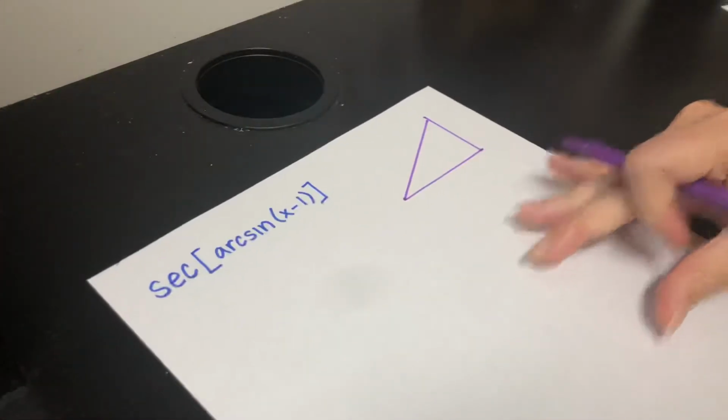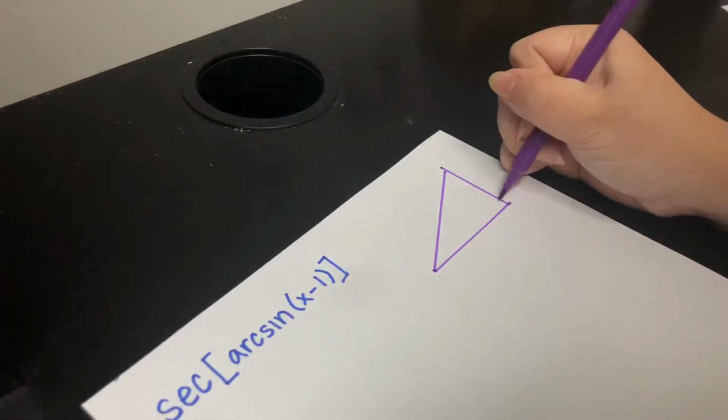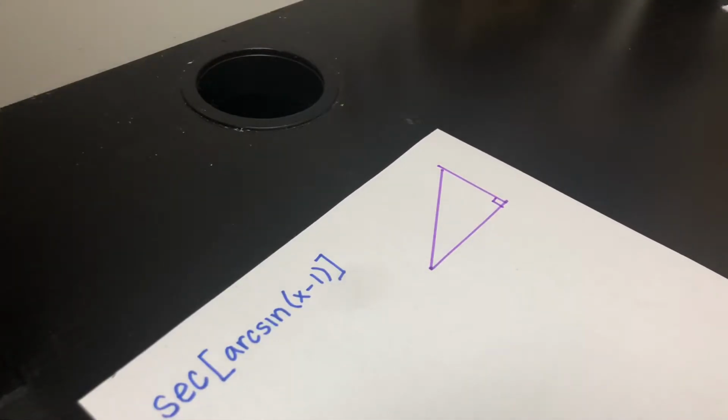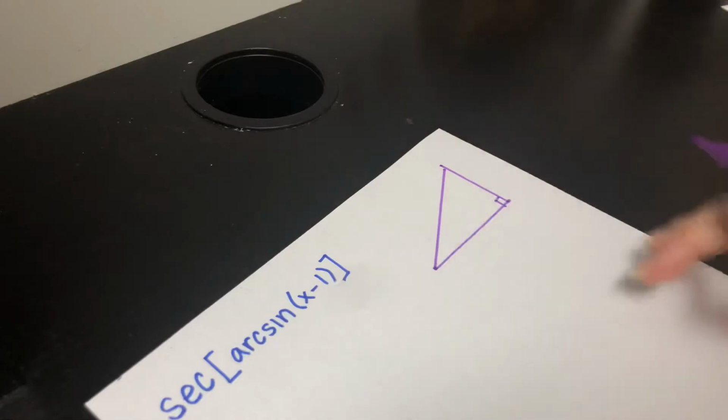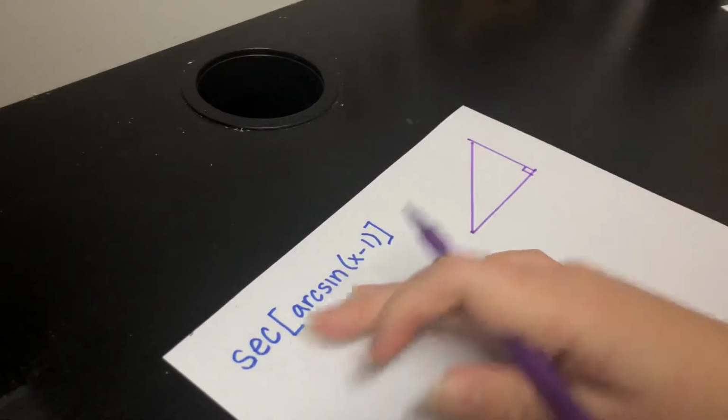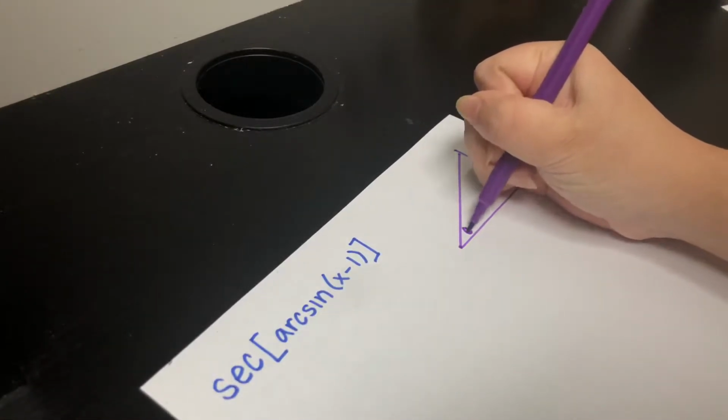And then here's our triangle right here. Given our information, the arc sine is going to be theta.